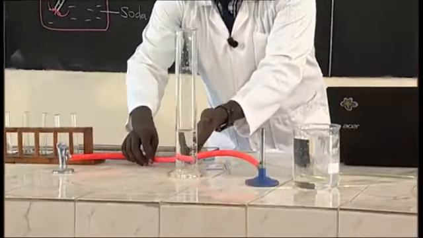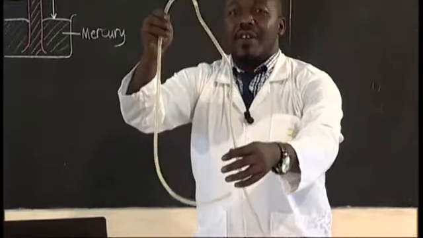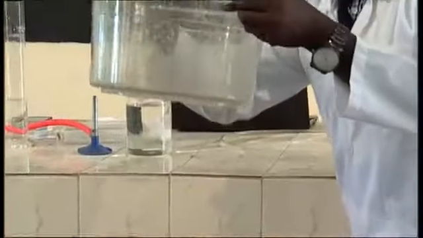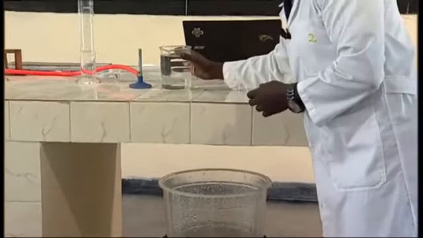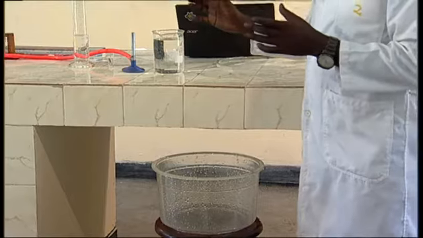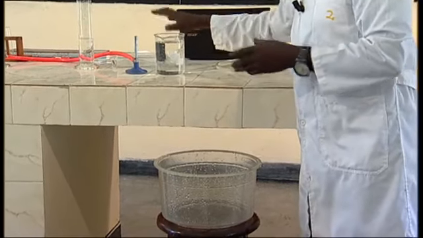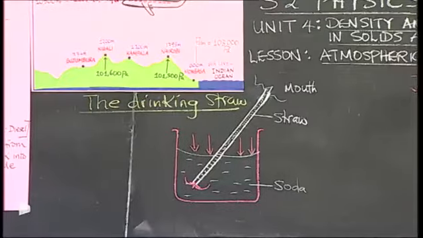I was not able to get this, but I'm going to use this. This is a flexible rubber tube. So for our case here, this is going to be our basin, and this is going to be our tank. We shall then want to use the idea of the siphon to remove water from this tank or from this beaker into this basin. So what is the physics behind?